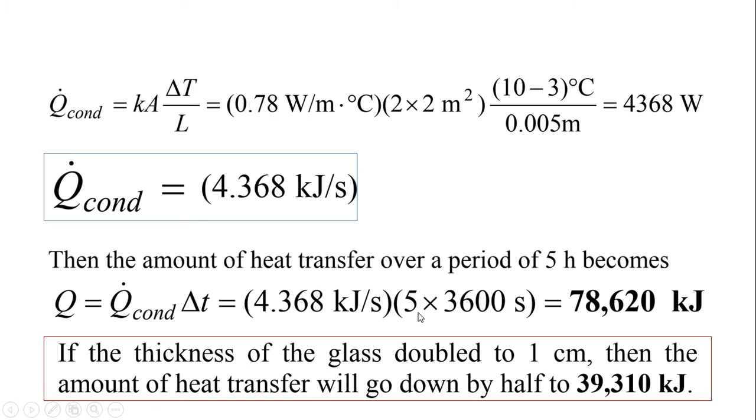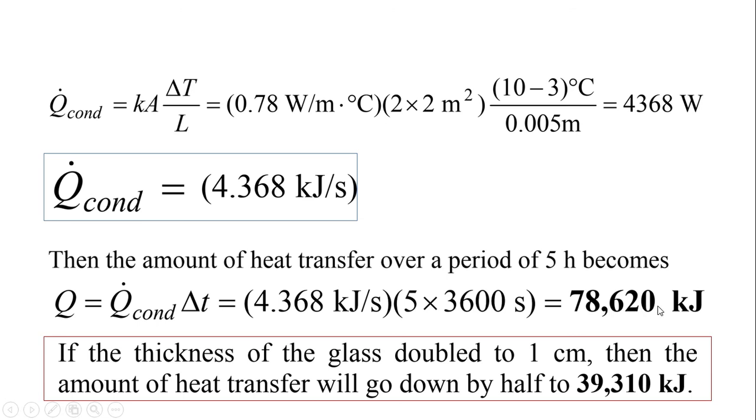You have to multiply it by the hours, like 5 multiplied by 3600, because the 5 hours can be converted into seconds by multiplying with 3600. One hour has 3600 seconds, so 5 multiplied by 3600 gives the whole answer in seconds. If you simplify this expression, you will get the value of 78,626 kilojoule.